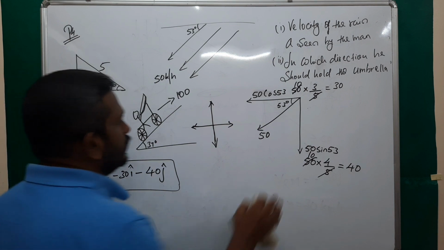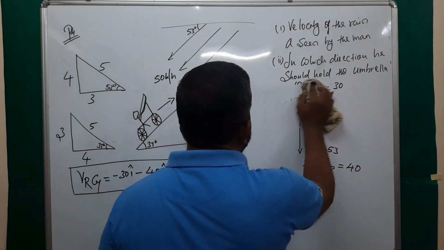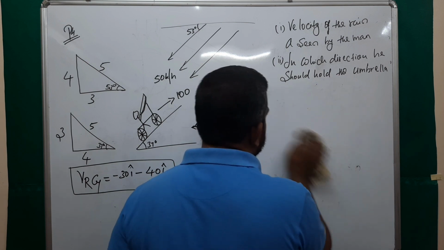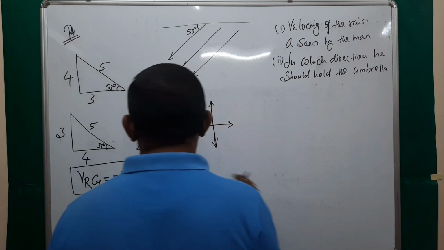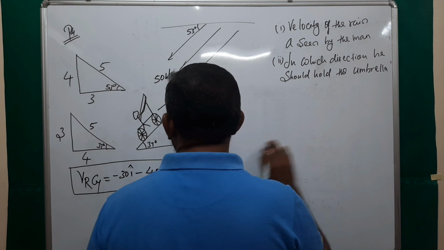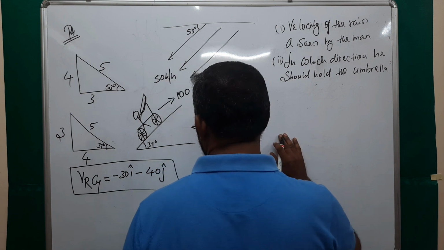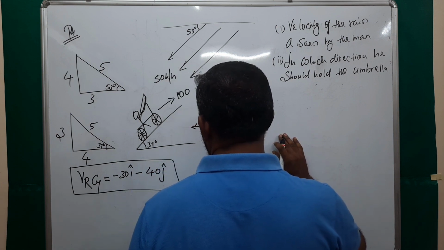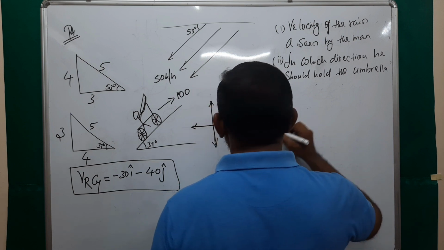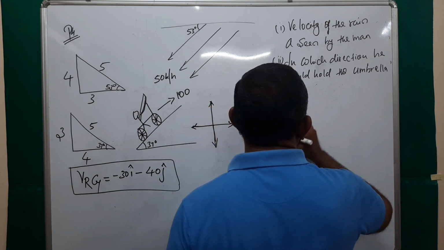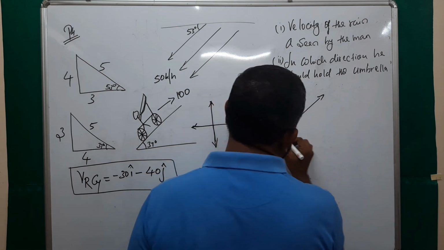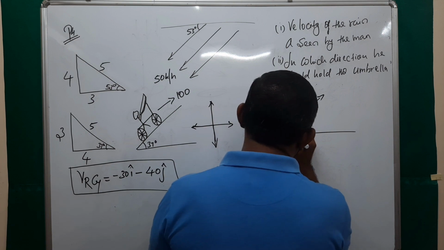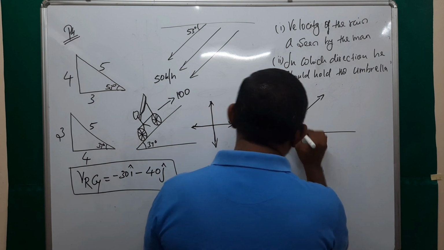Now the man is moving. Here the man is also moving at a certain angle, because the man is moving on an inclined plane with an inclination of 37 degrees. So the velocity is acting in this direction, making an angle of 37 degrees.